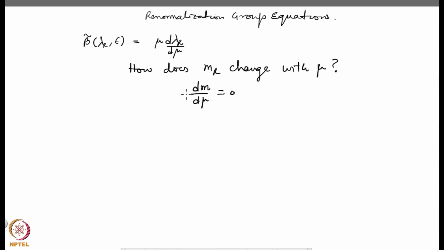And again, it's customary to put a mu here, which is the same as writing mu d over d mu of Z_m times m_R, and this should be equal to 0.